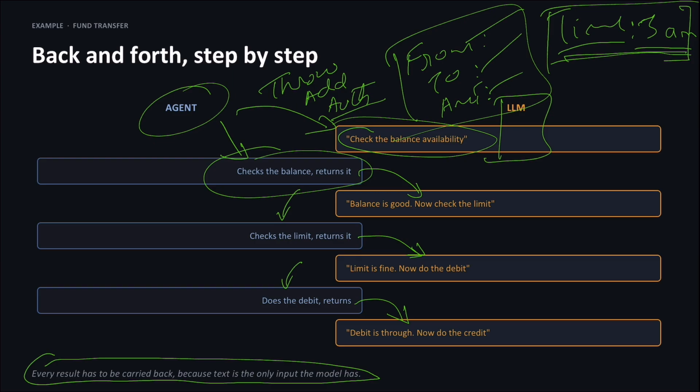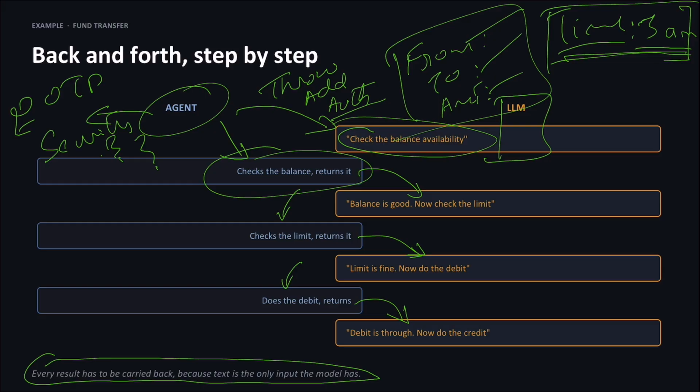That means the agent will go back to the customer and say, give me an additional OTP or answer a security question, right? Okay, so that can happen.